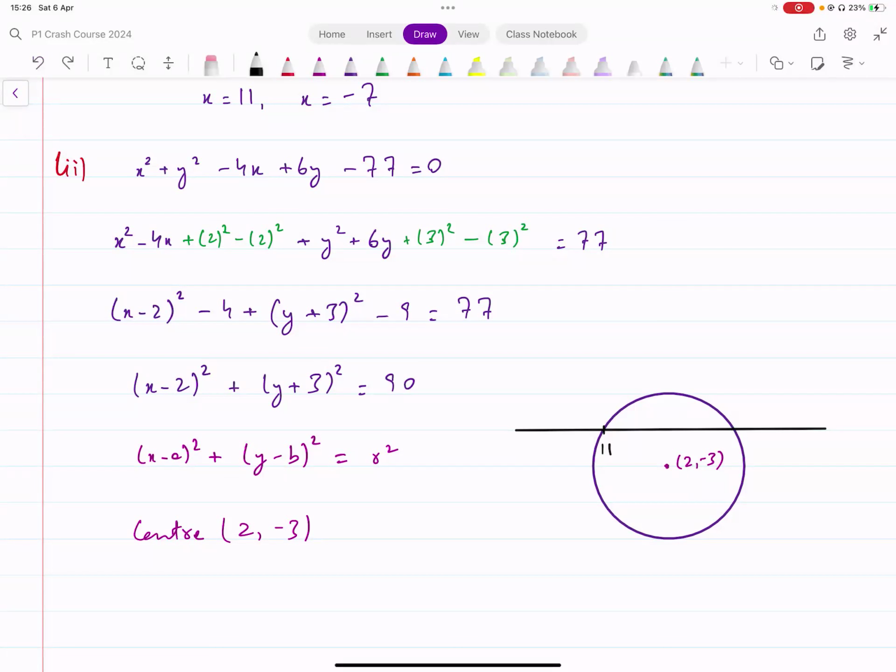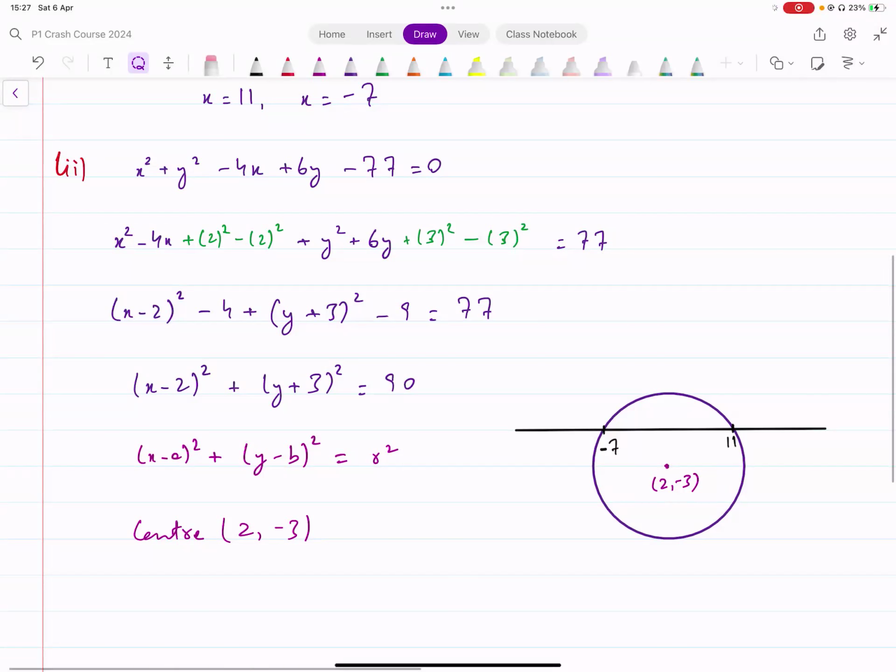Okay, no, the other way around. -7 should be on the left side, 11 should be on the right side. -7 is a smaller number, so -7 has to be here. 11 is the bigger number, so that has to be here. These are the x-intercepts, and we know the coordinates of the center as well. So that's what the situation looks like.